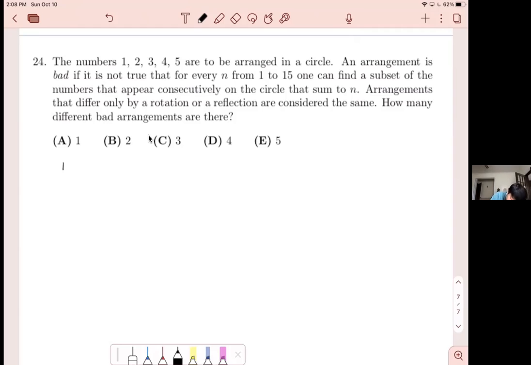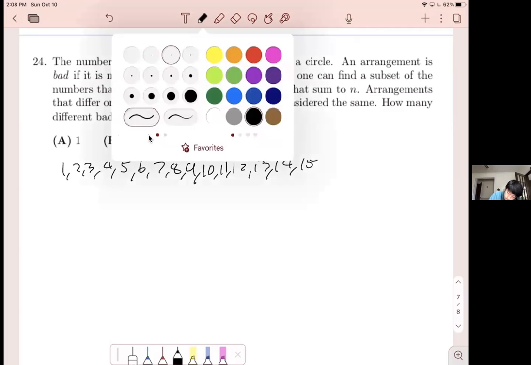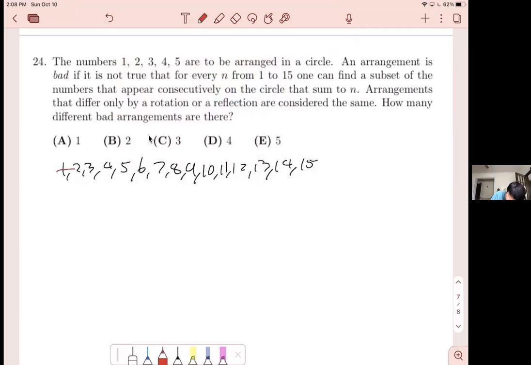And so we're trying to find configurations for which one of these numbers is never the sum of a subset of the values in the circle. But a lot of these are non-starters.